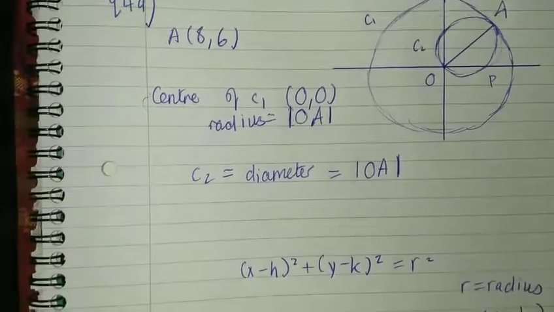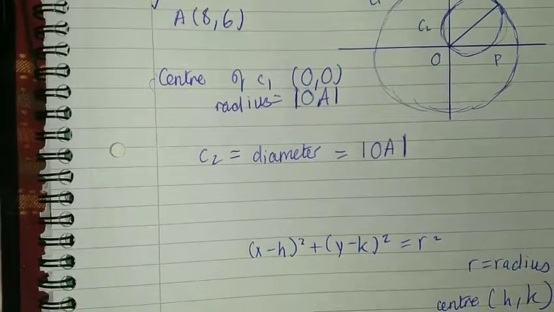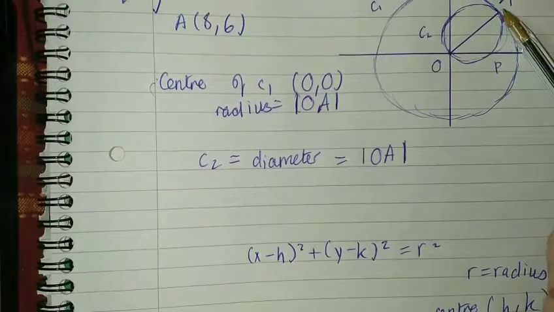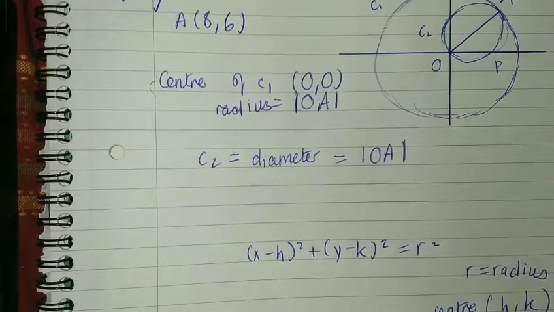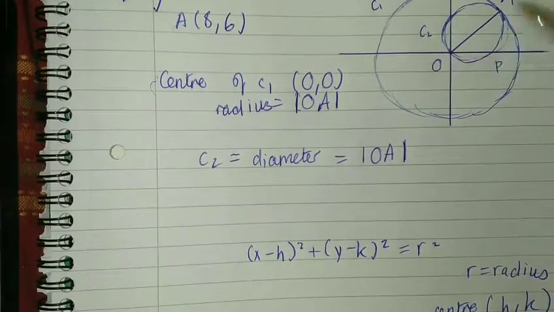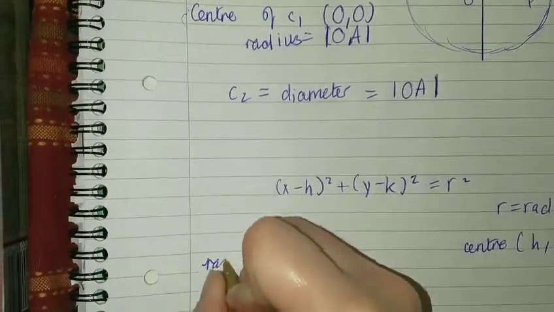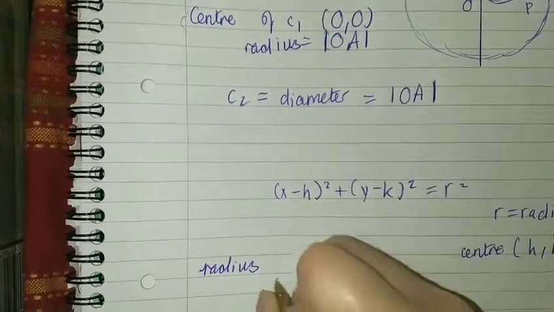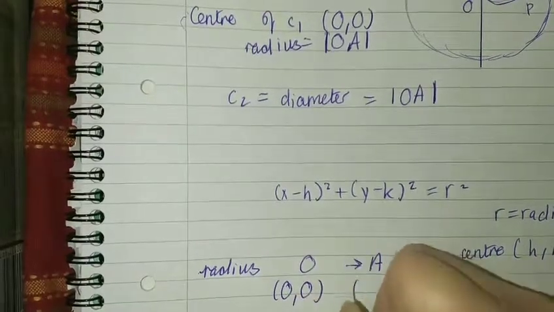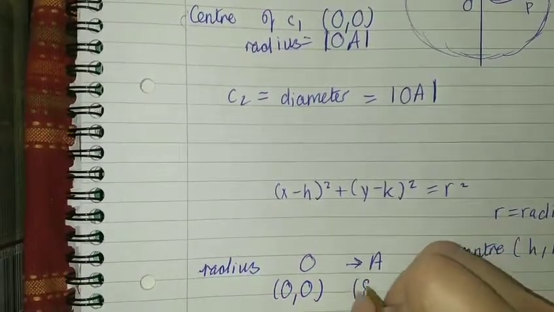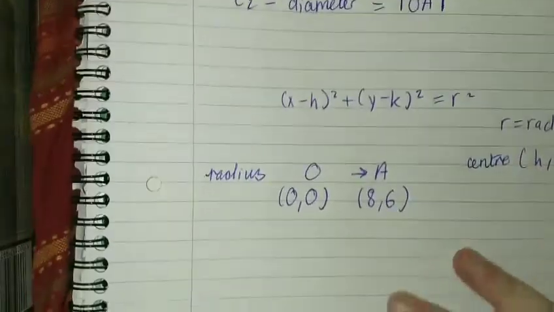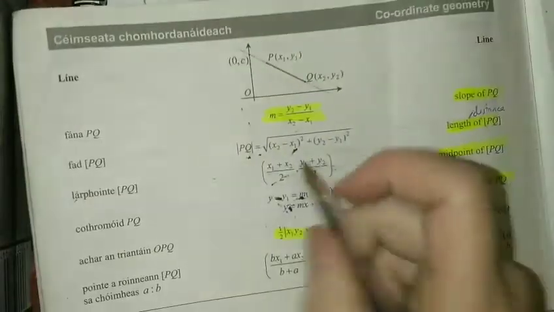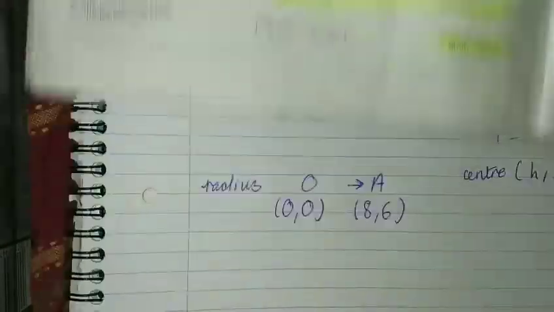So we know the coordinates of the point A, and the radius is the distance from O to A. So the radius is going to be the distance from O to A, and O is 0, 0, and A, they told us in the question, was 8, 6. So I'm getting the distance between 2 points. So I'm going to use this distance formula here.